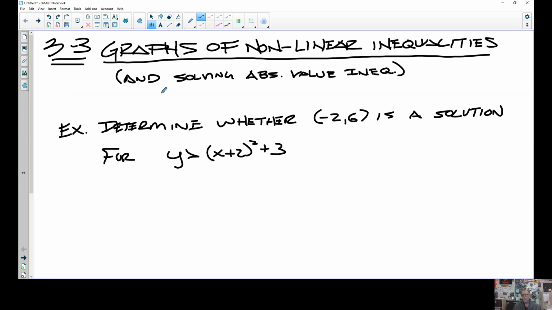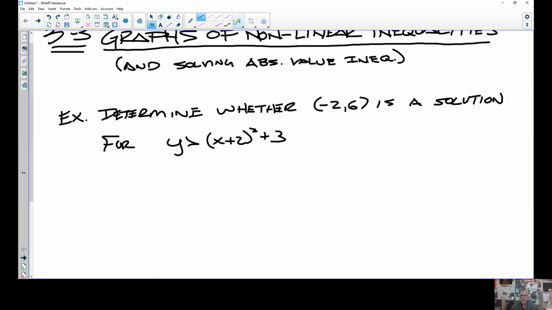So how would I determine whether this ordered pair, this point, is a solution to this inequality?